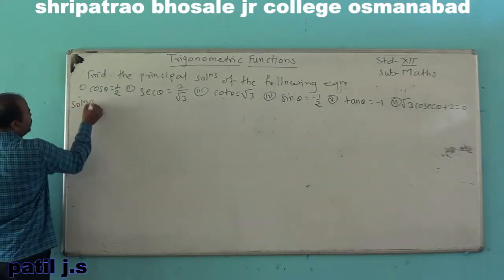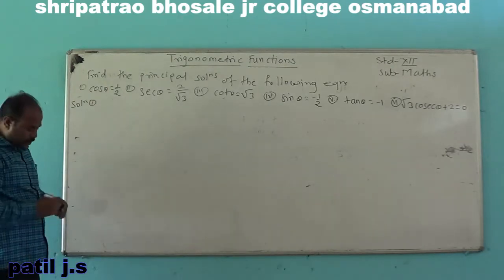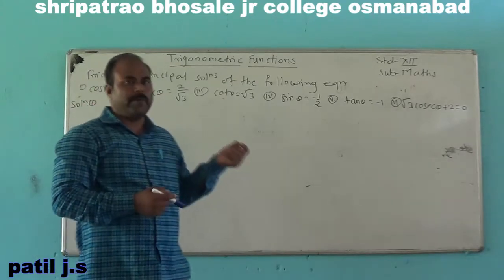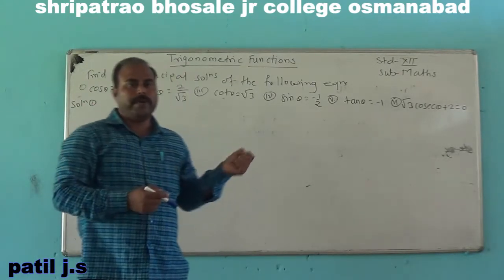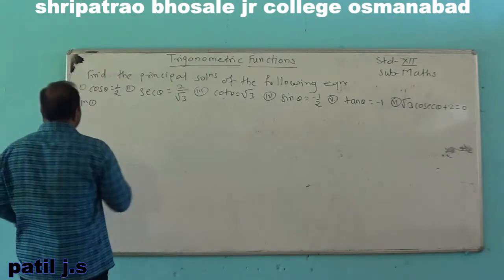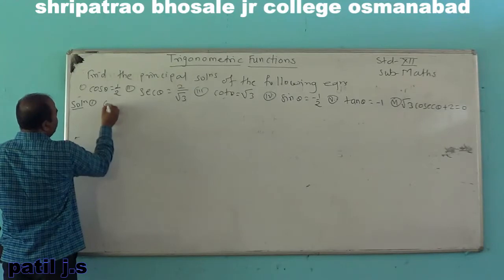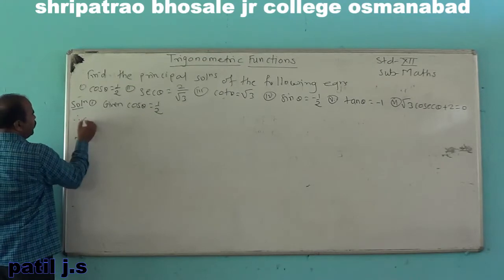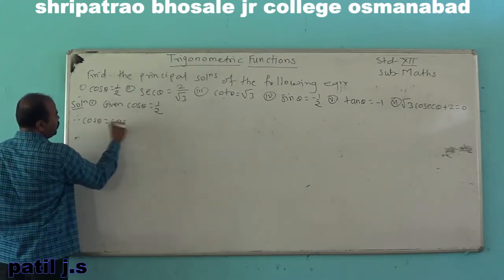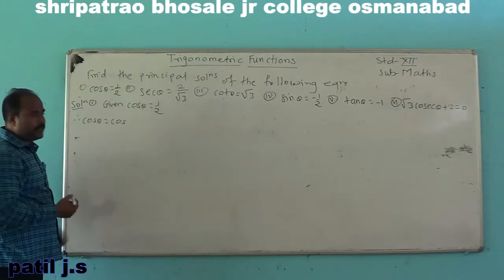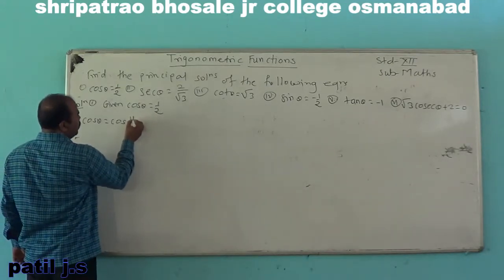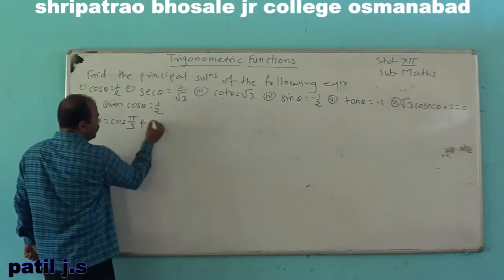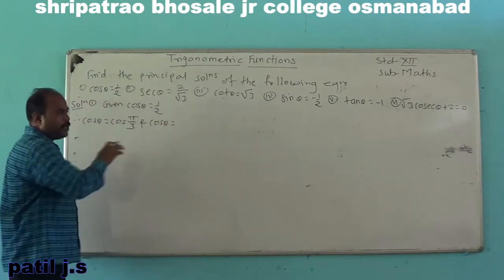Solution of the first: we have to find the principal solution. The main point of the definition of principal solution is the solution between 0 and 2 pi. Given cos theta is equal to 1 by 2, that means theta is equal to pi by 3. So cos theta is equal to cos pi by 3, and cos theta is positive in the first and fourth quadrant.